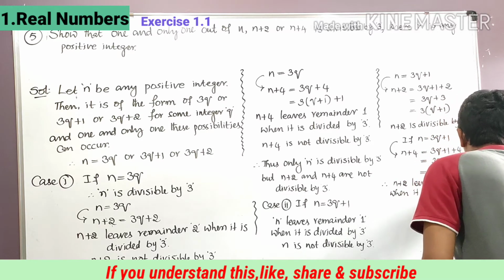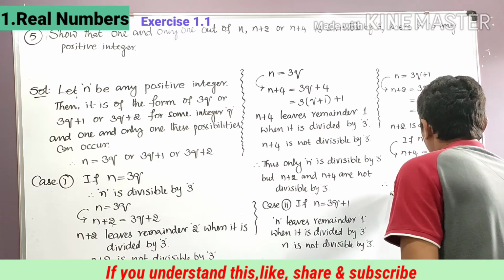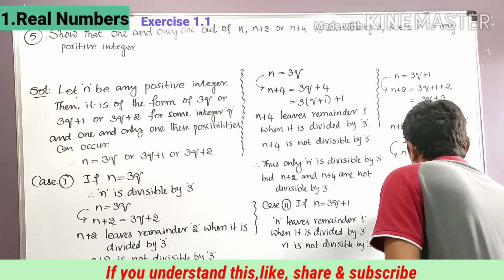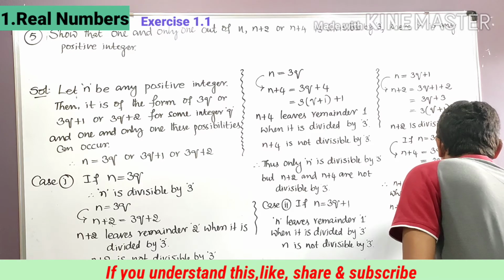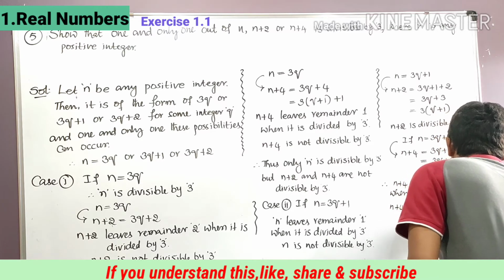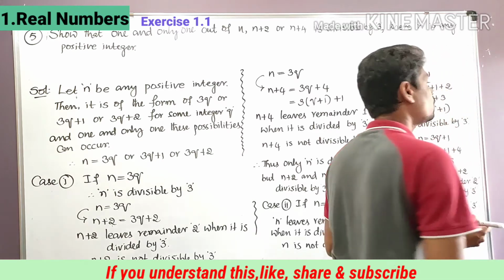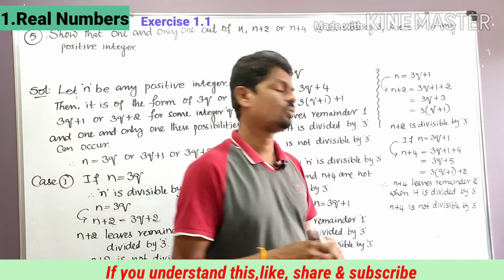So student, n plus 4 is also not divisible by 3. So in the second case, only n plus 2 is divisible by 3 but not n and n plus 4.